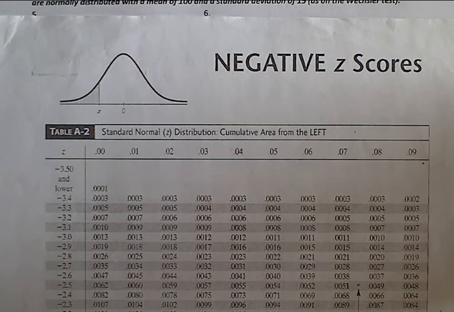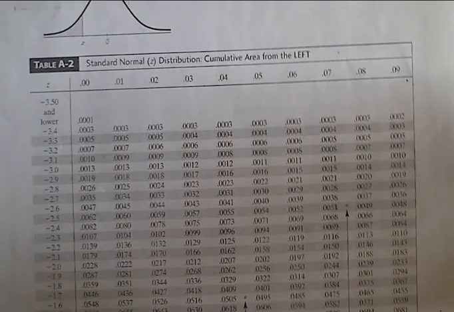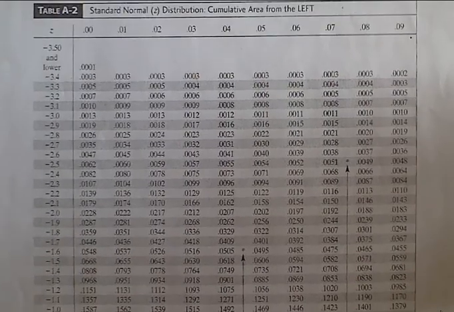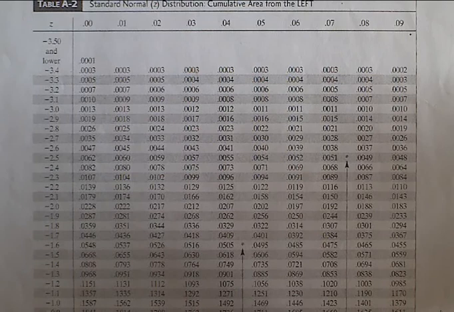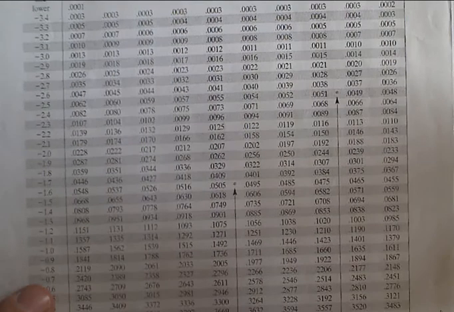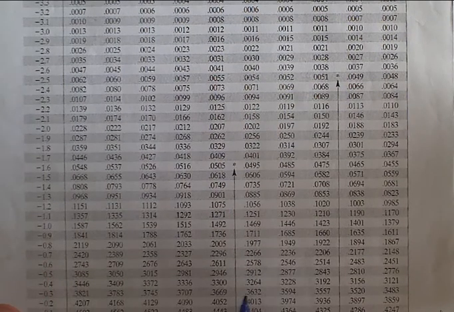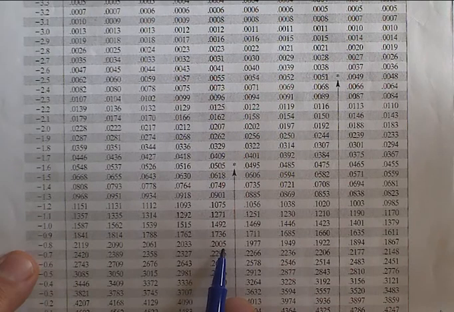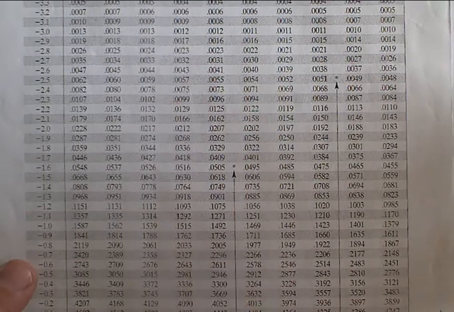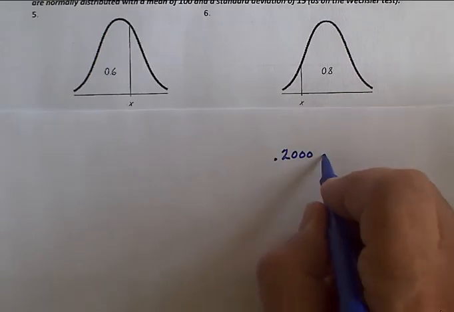There is no exact value for 0.2, but I want you to notice that we want to narrow it down. Which two is it between? Okay, so 0.2 is going to be between this 0.2005 and this 0.1977, and it's only 5 away from this one, so I want to use negative 0.84 as my z-score.